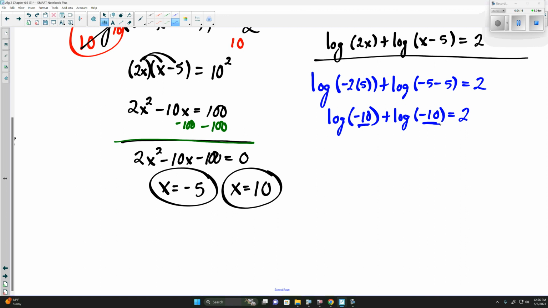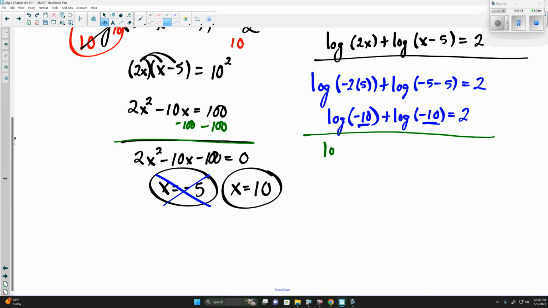Since we simplified it down and got negative 10 in both spots, it's telling us that x most likely doesn't work, because there's nothing that's offsetting that negative. Now, if it had been, say, negative 2x and some way to make this be positive, then it would have worked. But for this here, negative 5 does not work.